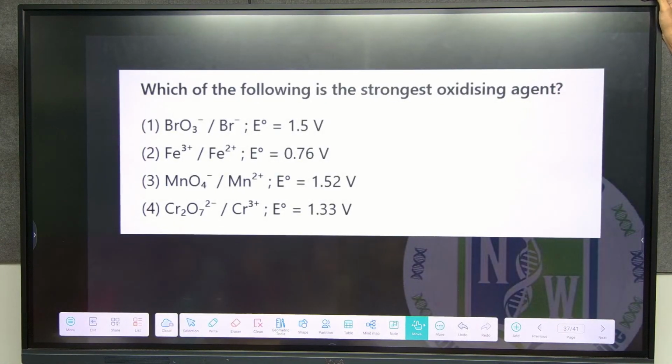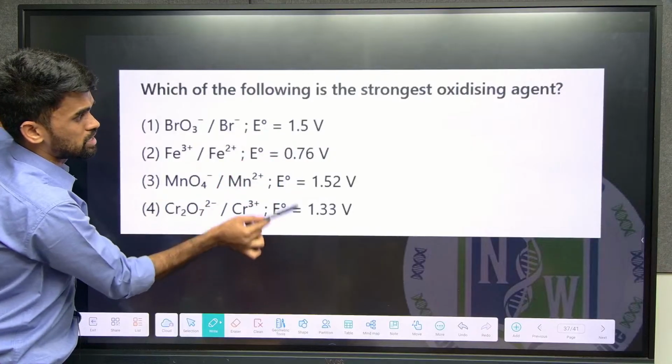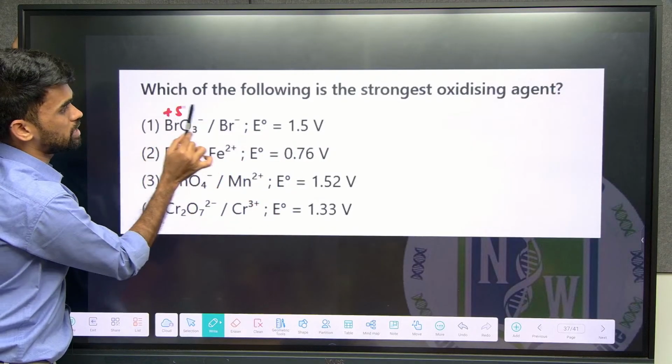Which of the following is strongest? Strongest oxidizing agent means it should have the tendency to undergo reduction. So which has more reduction potential here? See, first, have they given oxidation potential or reduction potential? +5 is converting into -1.